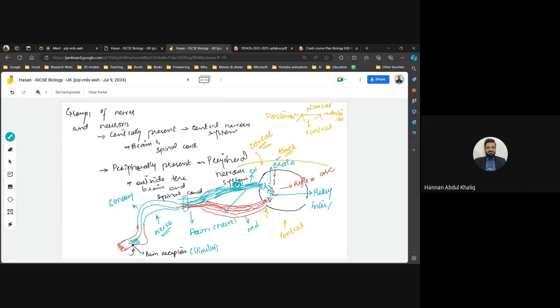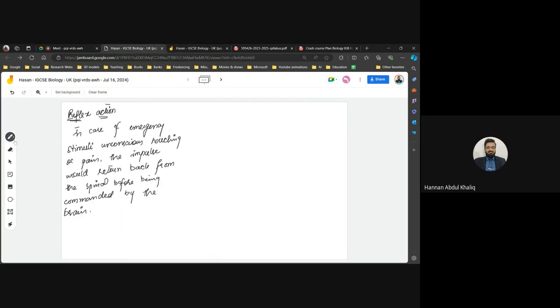Mixed nerve. Remember, okay, let me redraw this diagram so that you can easily understand it. See, this is the spinal cord. Focus. This is the dorsal side of the spinal cord. From the dorsal side, only the sensory axons are entering.